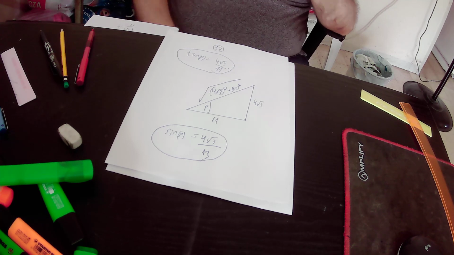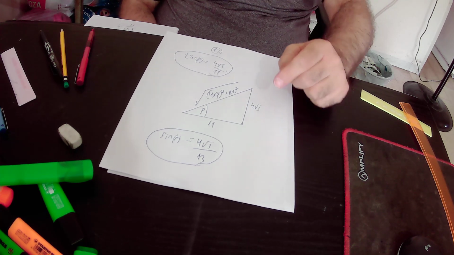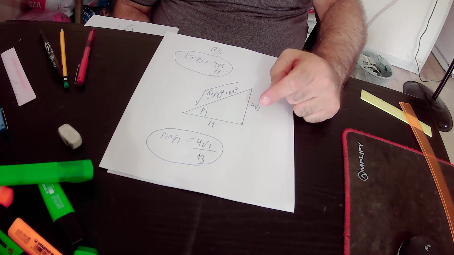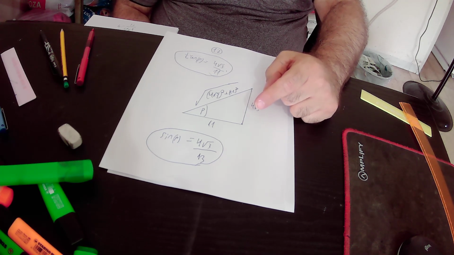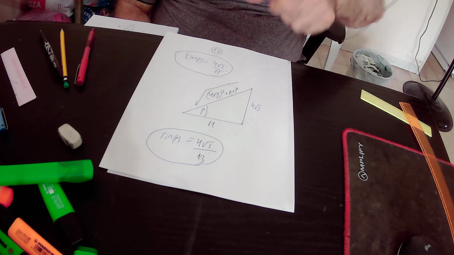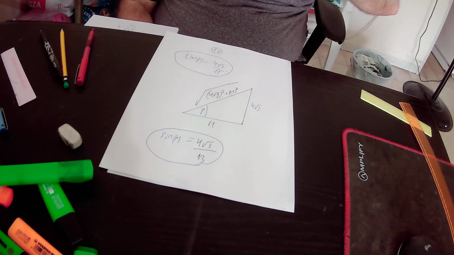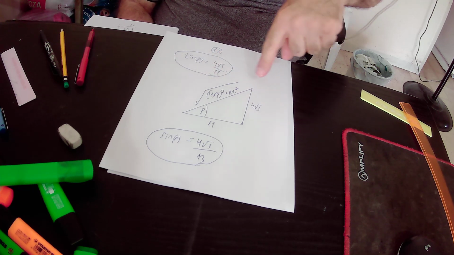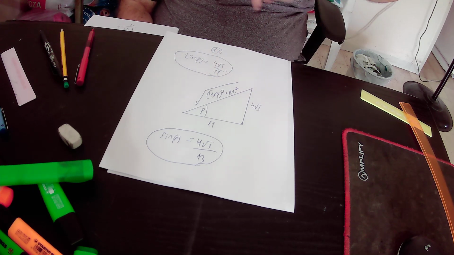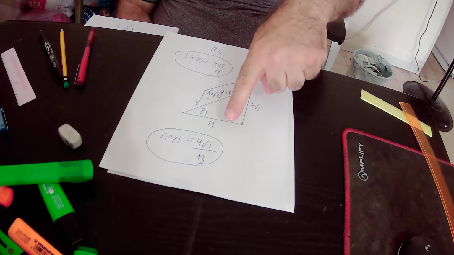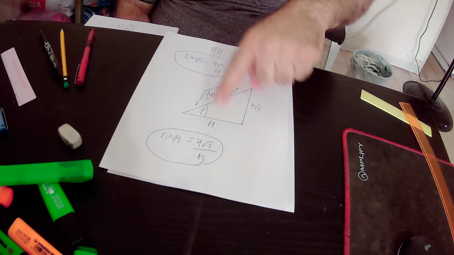It is the relationship between the side that is in front of angle P over the side that is near angle P, and we can calculate the size of the hypotenuse according to the Pythagorean theorem, and we found out that sine P equals 4 times root 3 over 13.